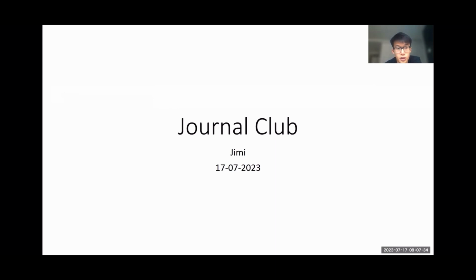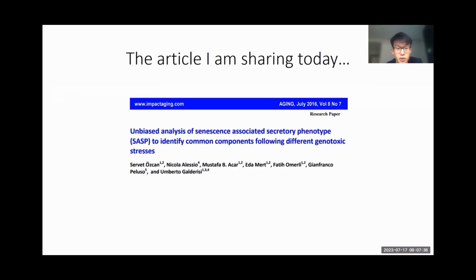Yeah, basically, this is the article that I'm going to share today. It analyzed the SASP in different conditions of genotoxic stress, and it identified what components it contains in different conditions of cell senescence.